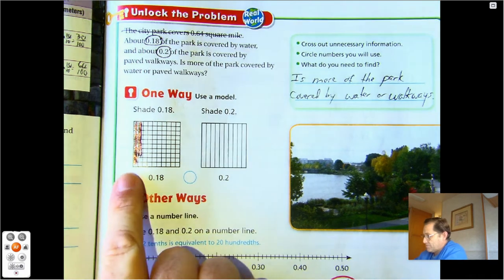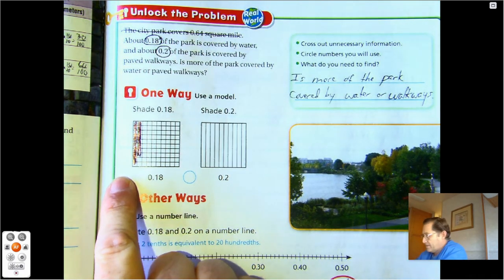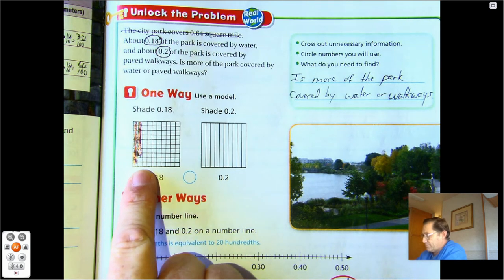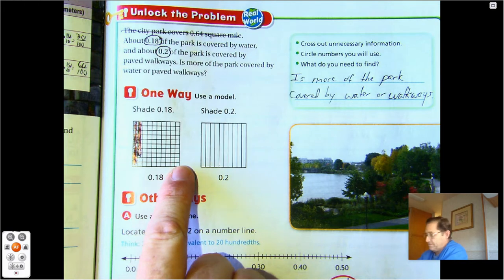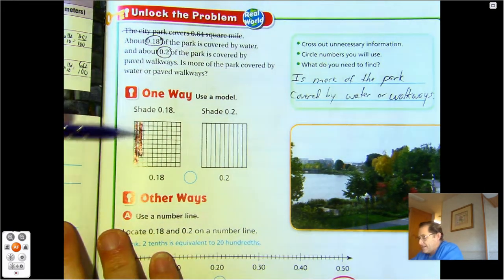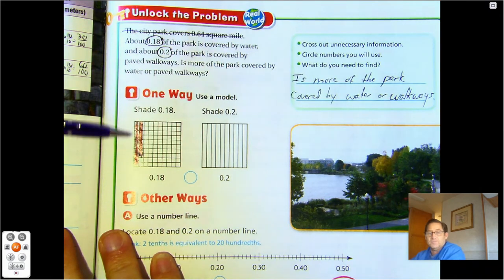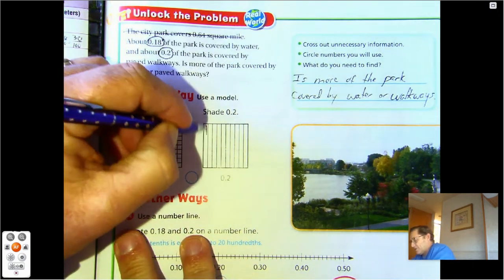Because in this hundredths model, every column is 1/10. So 1/10, 2/10, 3/10, 4/10, 5/10, 6/10, 7/10, 8/10, 9/10, 10/10. So the columns do match the tenths. It's just that there are 10 parts in every column. All right, so we're going to shade 18 hundredths and we're going to shade 2/10.